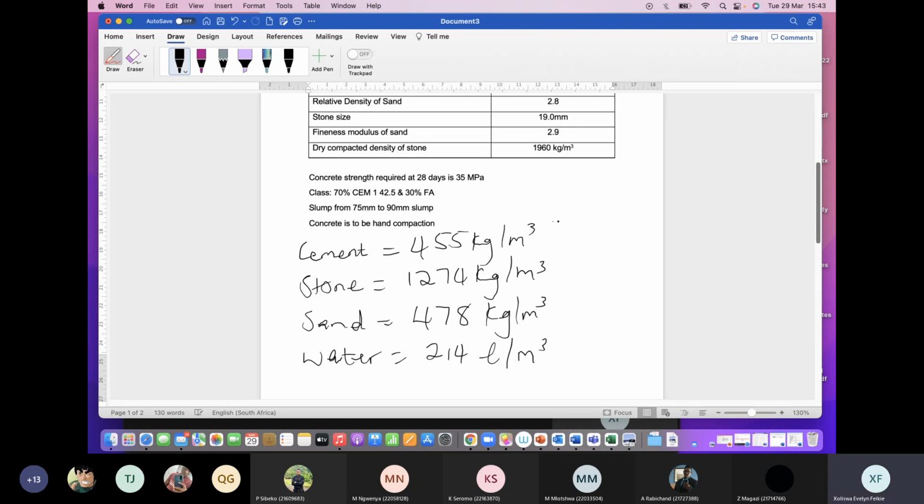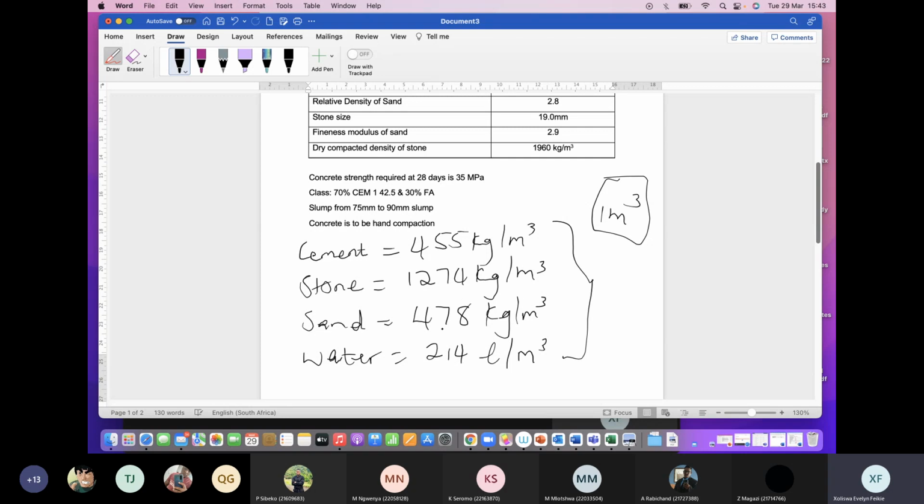I need you to note something, right? As I was writing these down, even in your book, they do indicate per cubic meter, meaning that if you were told to determine the quantities that will produce 1 cubic meter of concrete, these values you would stop here.